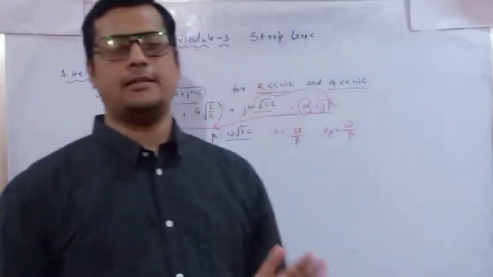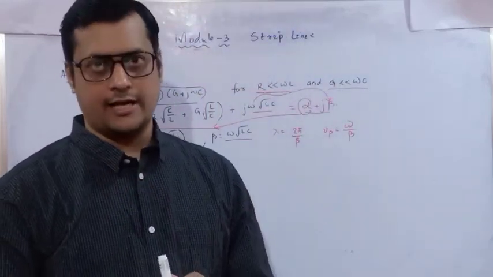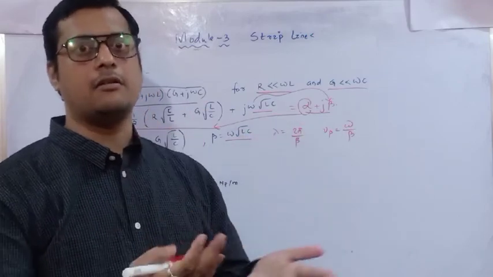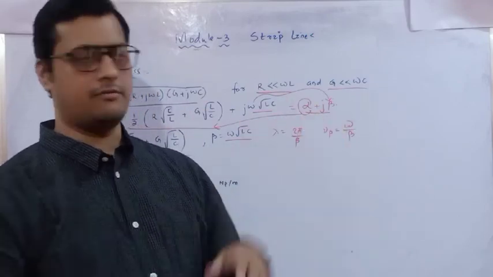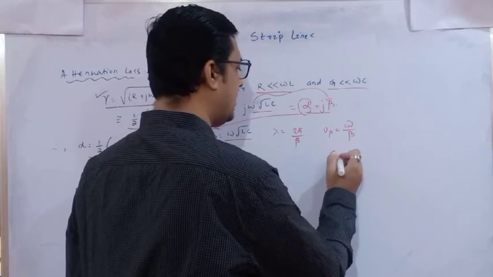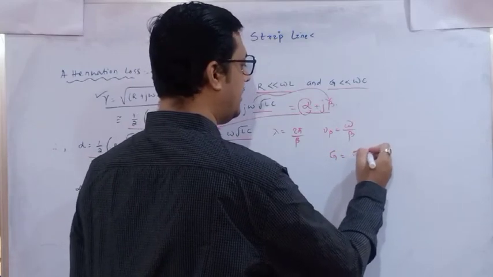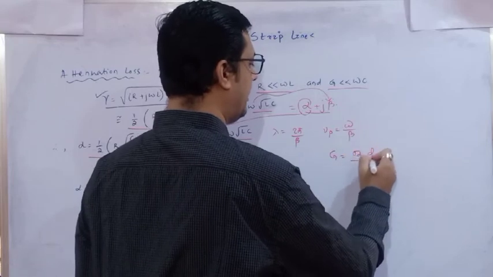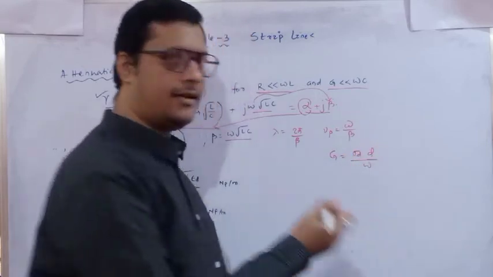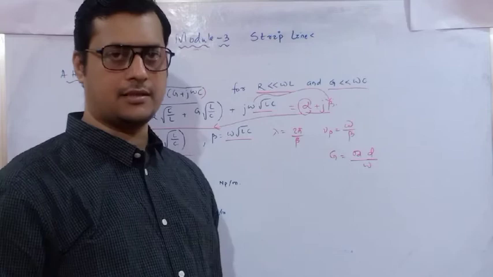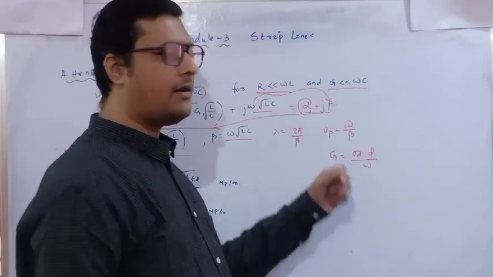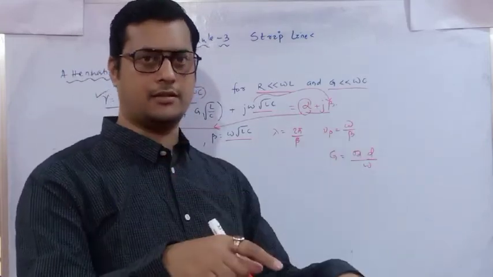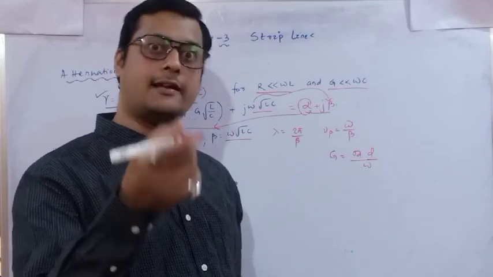Conductor means the resistive value we have to consider, and dielectric means the conductance value we have to consider, because in conductance we have seen that G is equal to sigma D into W by D, like this. This relation we identified in the previous discussion. So here you can see sigma D depends upon the conductance of the dielectric medium.